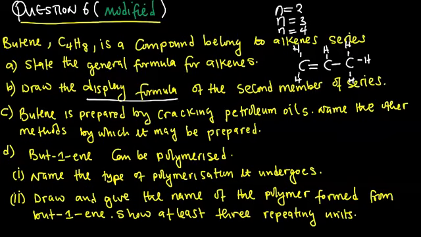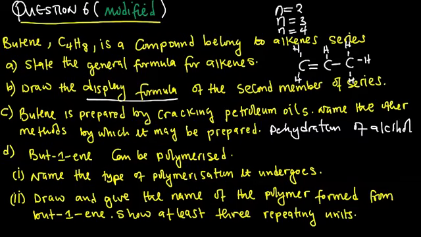But what is the other way aside from cracking? Another way is dehydration of alcohol. So here I'll put dehydration of alcohol. When alcohols are dehydrated, that is water is removed, they become alkenes.